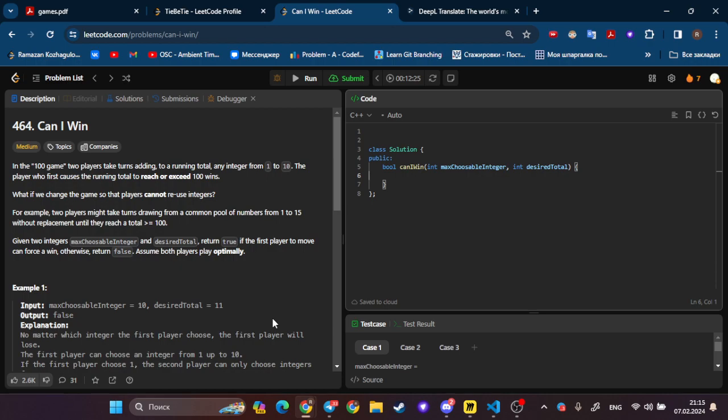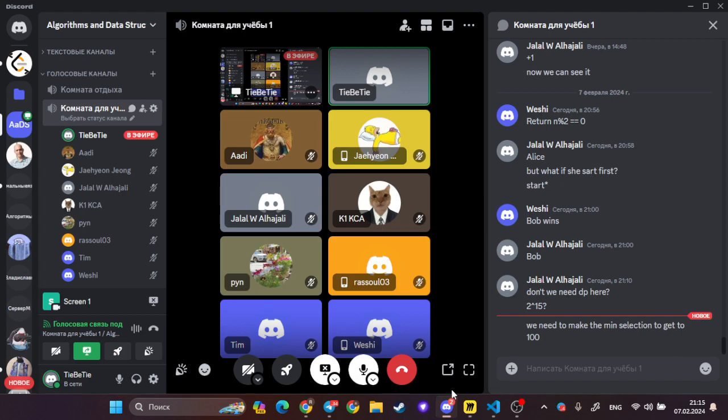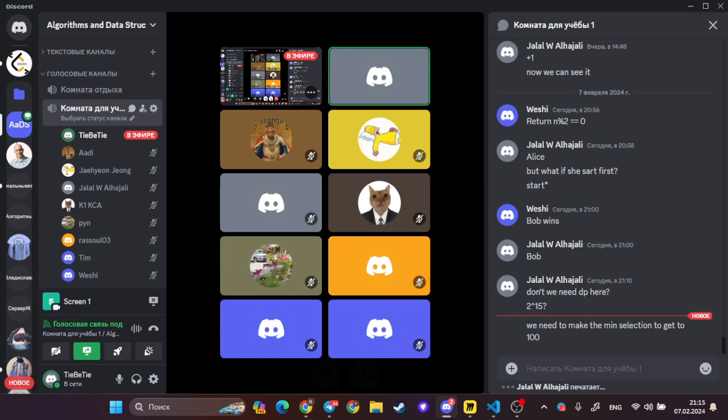You suggest just recursion that reads through all the vertices, but can we do it faster? We need to make the mean selection. What do you mean by mean selection?